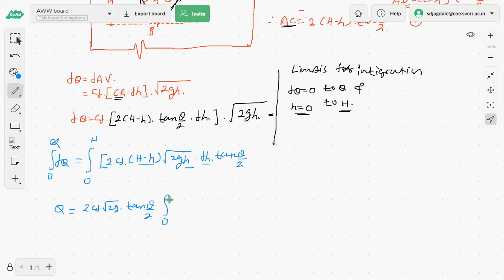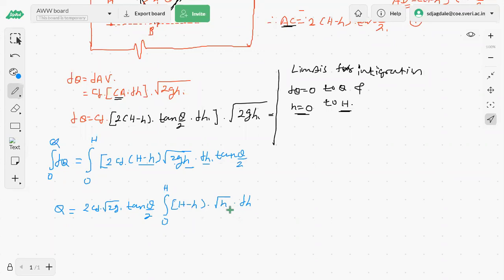Remaining will be the limit from 0 to the capital H, and the things are (H minus h) into root h dh. Okay, मी काय केलं 2g tan theta by 2, 2Cd I have taken as outside as a constant. So what else remain? (H minus h) into root h into dh will be there.